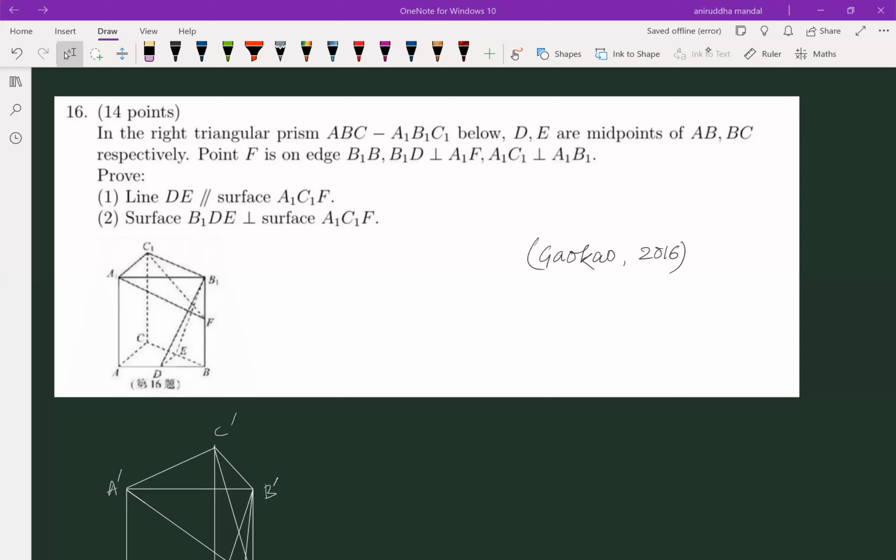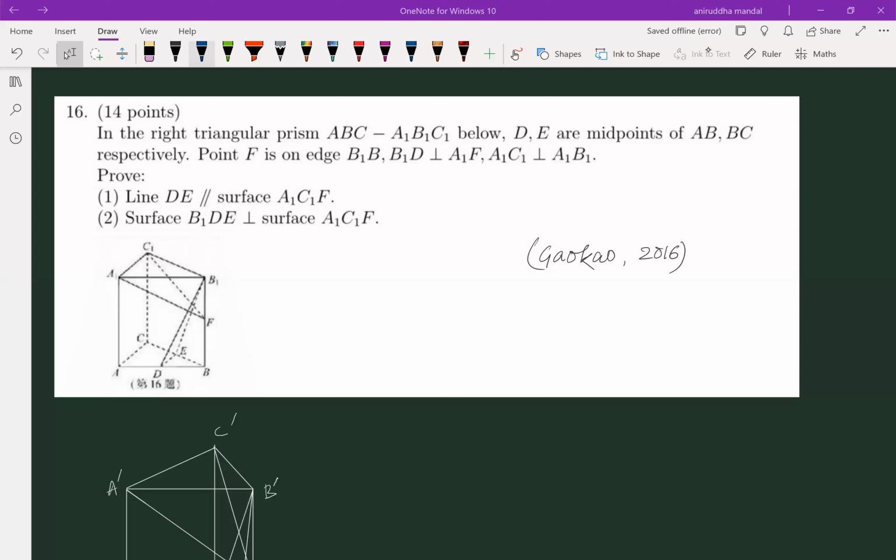Point F is on the edge B1B, and B1D is perpendicular to A1F, and A1C1 is perpendicular to A1B1. We have to prove the line DE is parallel to the surface A1C1F, and second, the surface B1DE is perpendicular to the surface A1C1F.